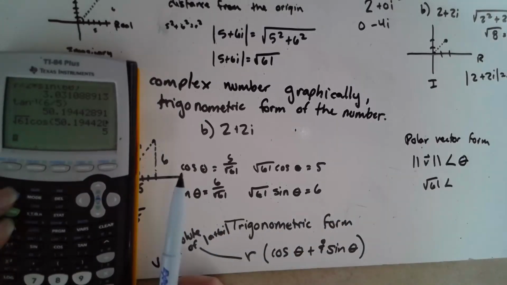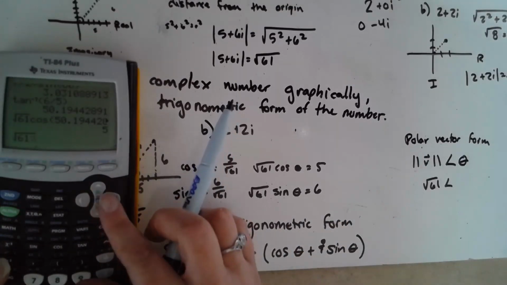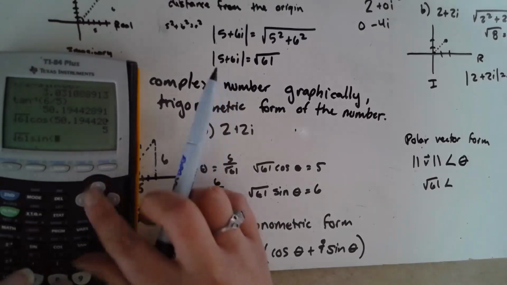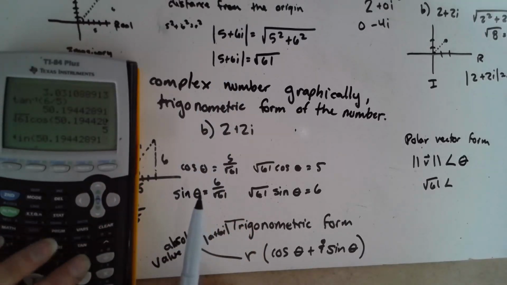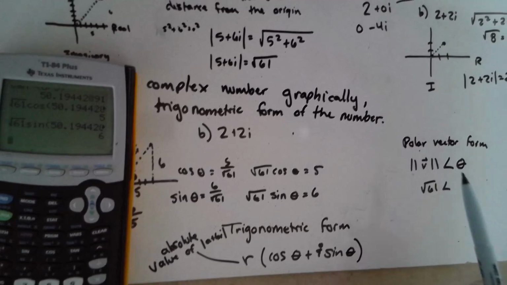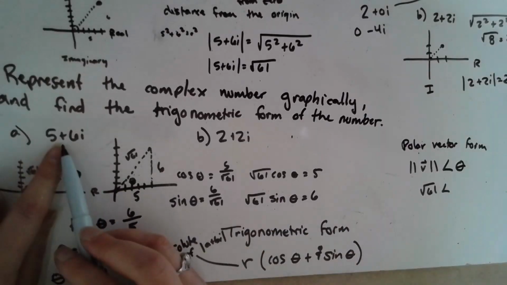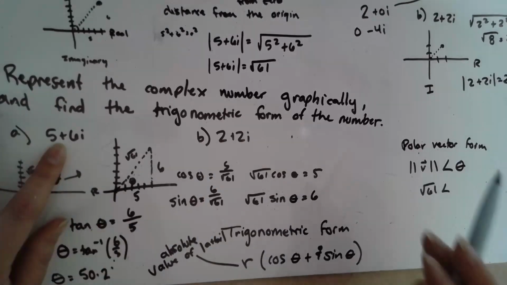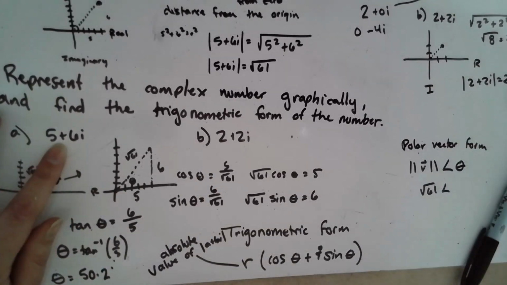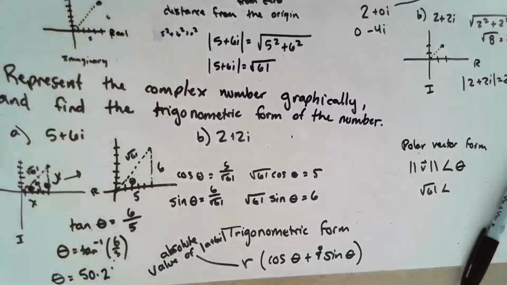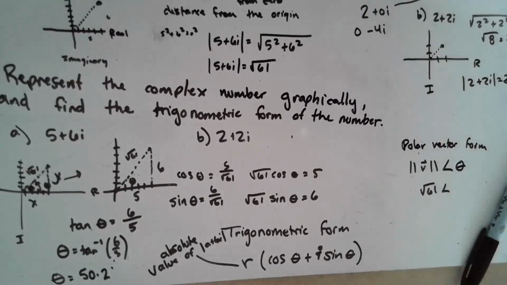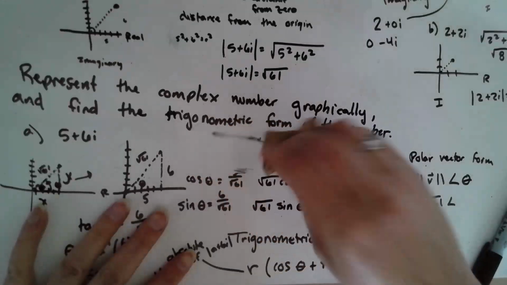If I did square root of 61 sine of my angle, I'm going to get 6. So really, if we look at this, we've got this right here, and I'm going to erase my example B. I didn't leave myself enough space.